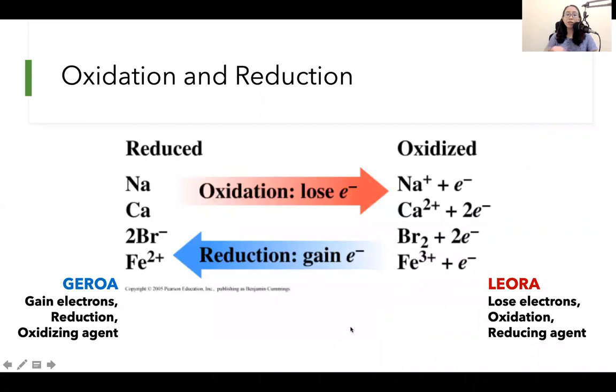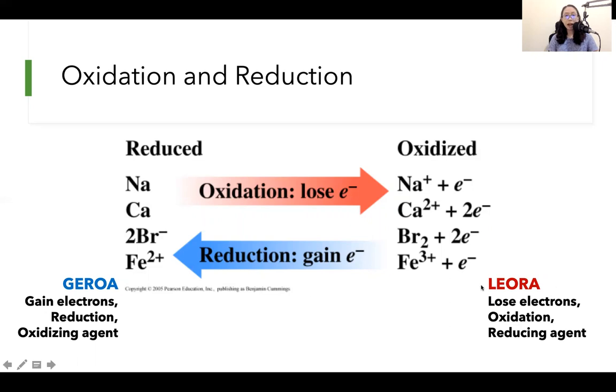There is a famous mnemonic used to remember all of these concepts. We have GEROA and LEORA. I call these the couple of redox reactions. GEROA means the reactant that gains electrons undergoes reduction and it is the oxidizing agent.